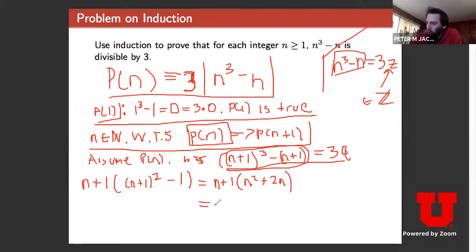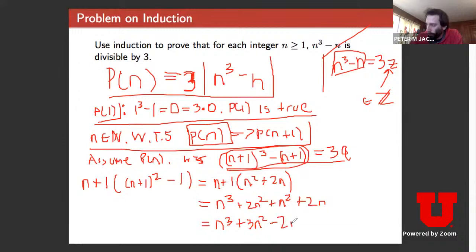Let's distribute here: we have n cubed plus 2n squared plus n squared plus 2n. Okay, this is starting to look better. We have an n cubed, that's good. We still don't have a minus n, so we'll have to keep simplifying. So this is n cubed plus 3n squared plus 2n.